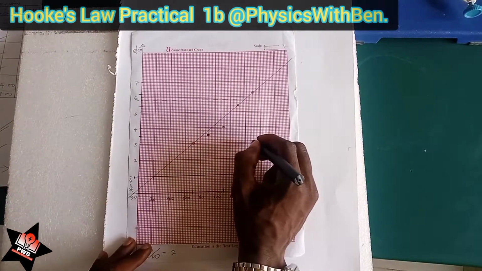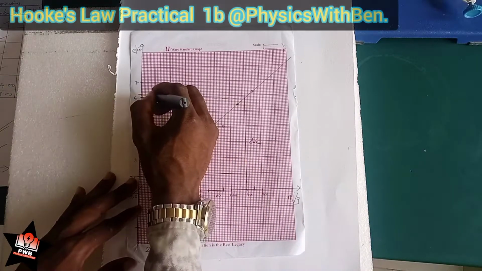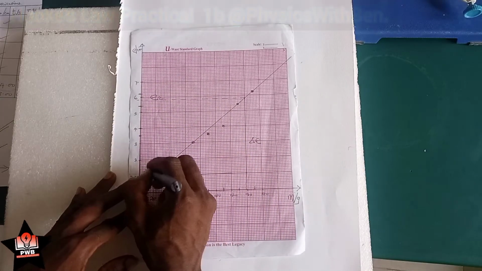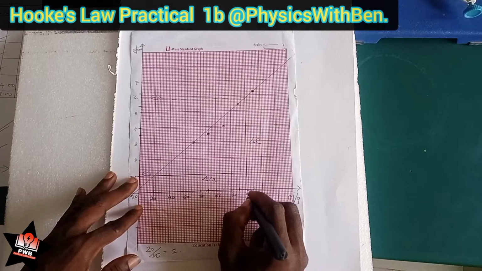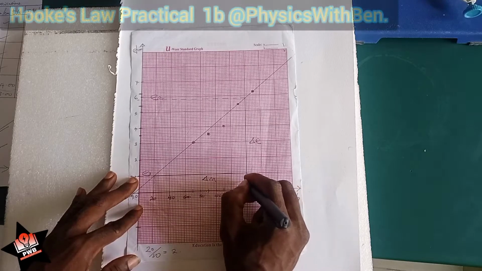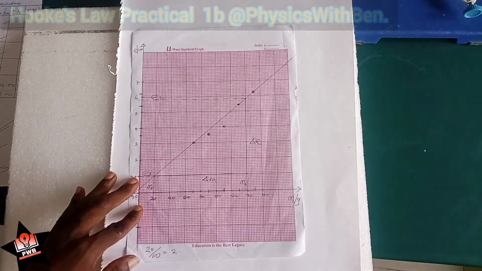So here is my change in extension, and here is my E2, here is my E1, here is my change in mass, here is my M2, and here is my M1.